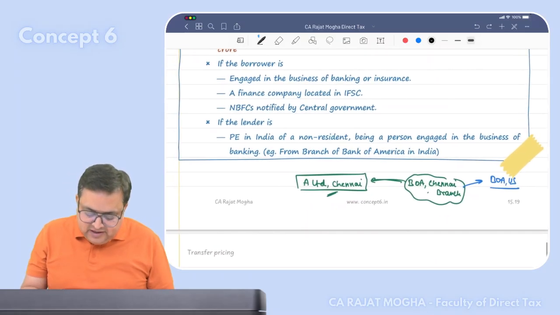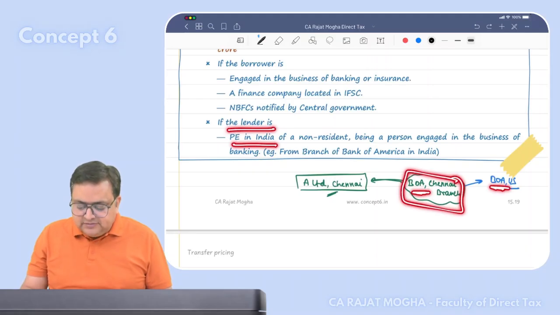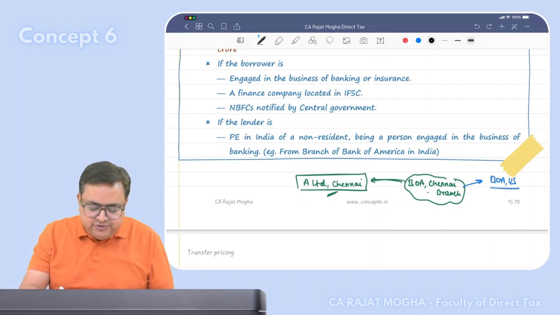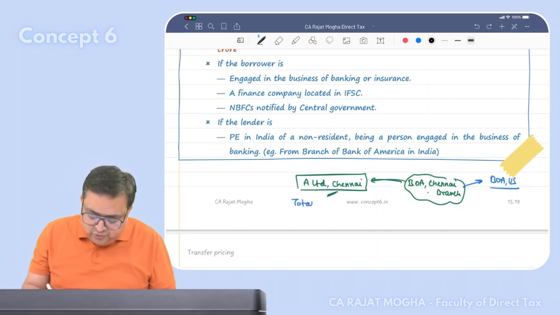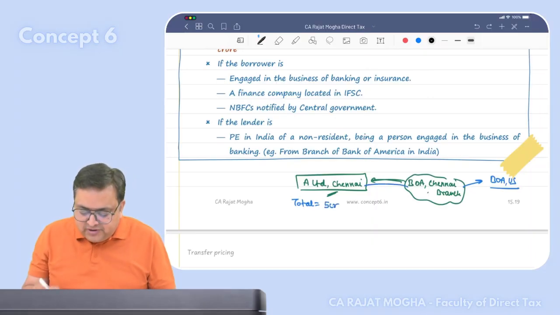So they say that if the lender is a PE in India. PE in India of what? For Bank of America, this Chennai branch is the PE. And let's say, for example, you are not a very big company. Your total assets were, let's say, 5 crore, and you have taken a loan of, let's say, 3 crores to run your business.